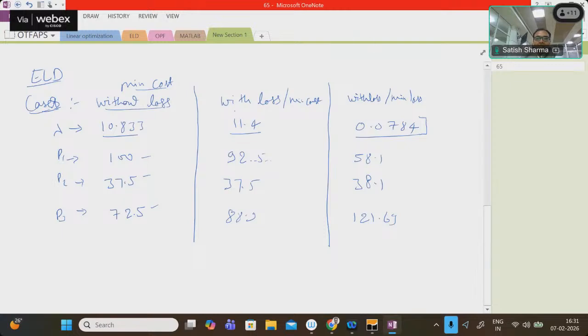Then when we use the same objective function, minimization of the cost, and solve with minimization of the losses, this one has been reduced, almost equal to the minimum limit, and this one has been increased. Why is that happening? It means that P1 is creating more losses and P3 is creating fewer losses.